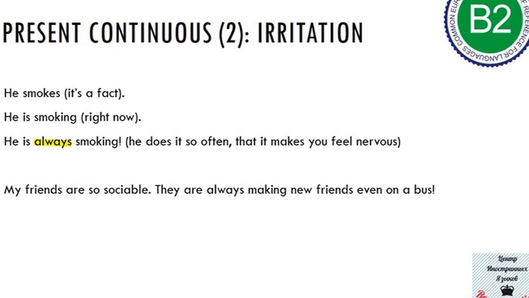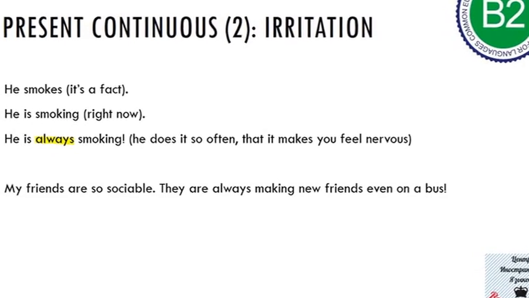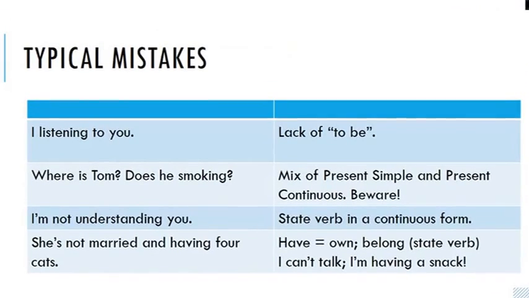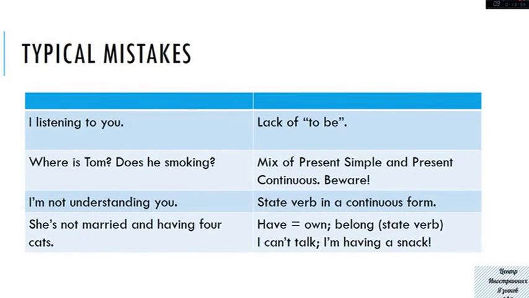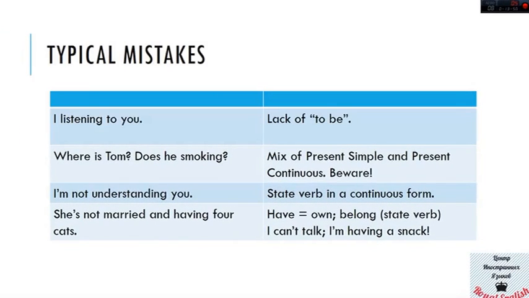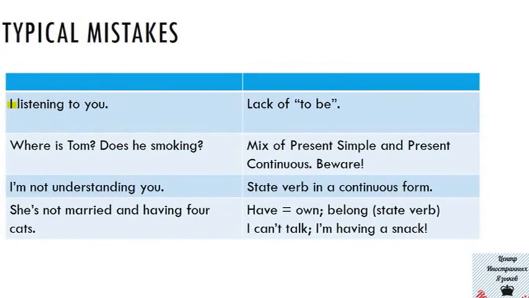That's all about the ways to use present continuous, and I just want to draw your attention to some typical mistakes that can be made while using this tense. The first mistake is pretty frequent, and it is the lack of to be. "I listening to you." You have a subject in the first place.